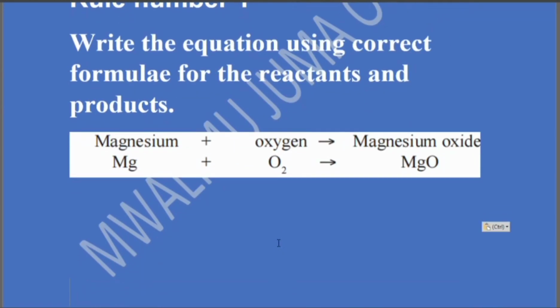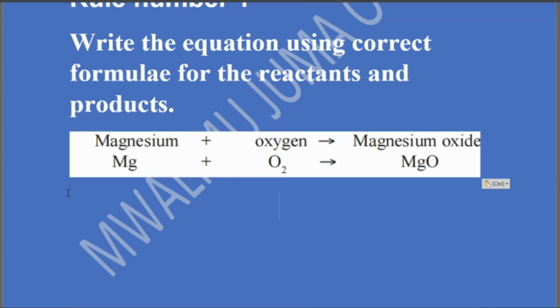Now here we have the word equation that we had, and we have to ensure that from our word equation we have everything correct. Now we have magnesium. The formula for magnesium is Mg. We have the addition sign, which means that magnesium reacts with oxygen to give magnesium oxide, and with this we are ensuring that they have the correct formula.